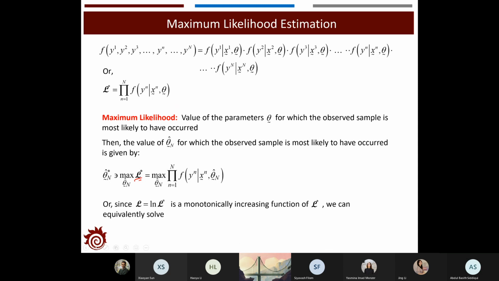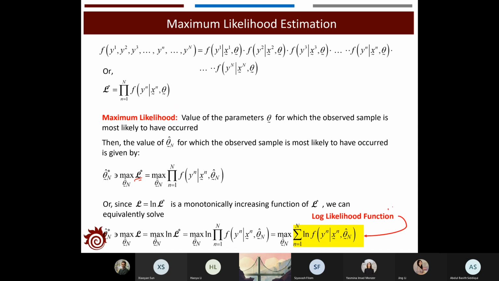This is a typical process to convert the likelihood function to the log likelihood function. With the log likelihood function, we have a linear format, and then the calculation will be much easier.